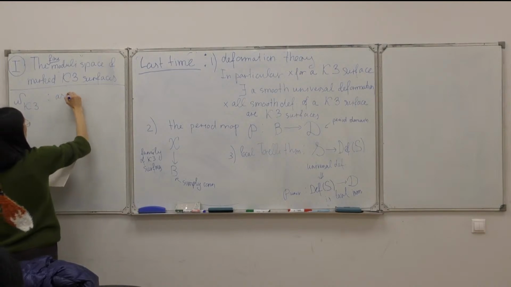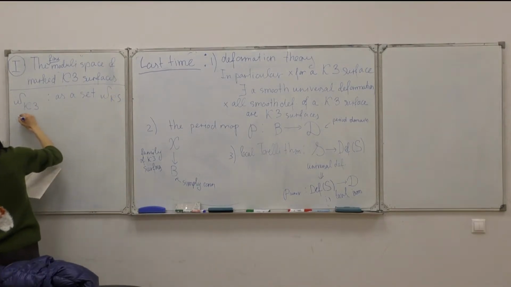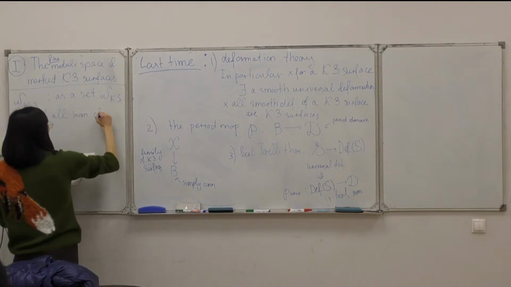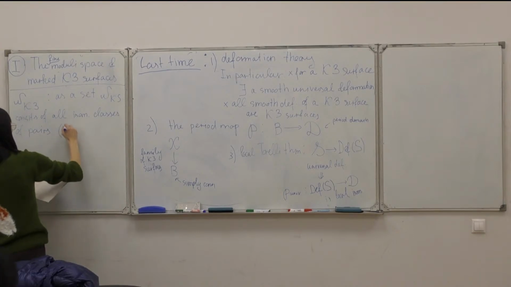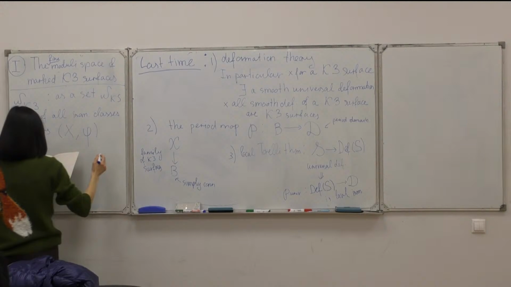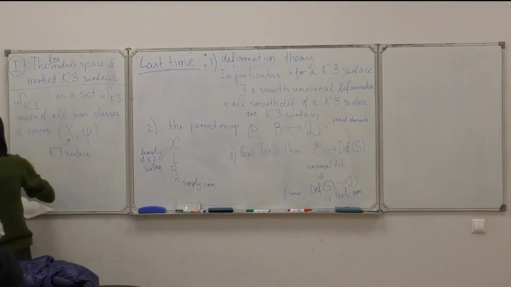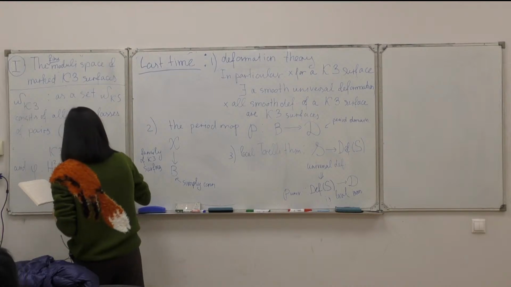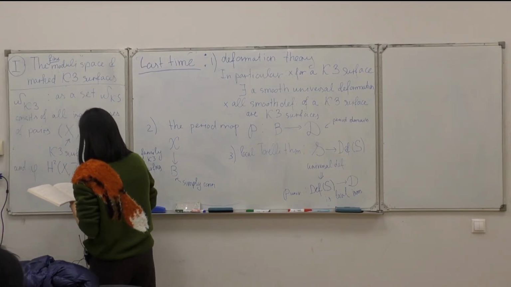First of all, as I said, this moduli space consists of all isomorphism classes of pairs (X, phi), where X is a K3 surface, and phi is an isomorphism of its second cohomology with integer coefficients and the lattice that is the direct sum of 3 copies of U and two copies of E8 minus 1.